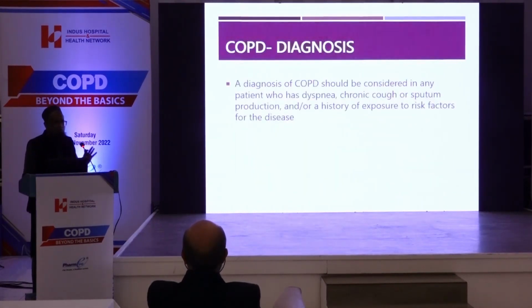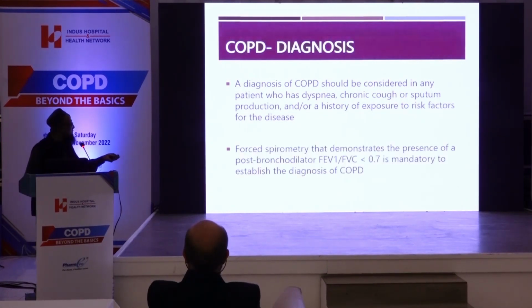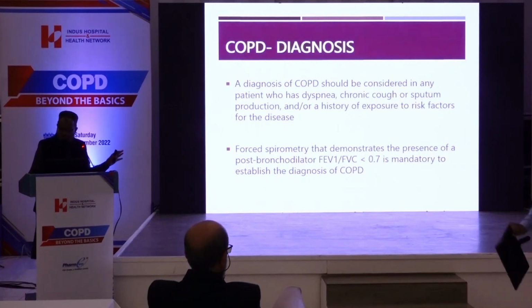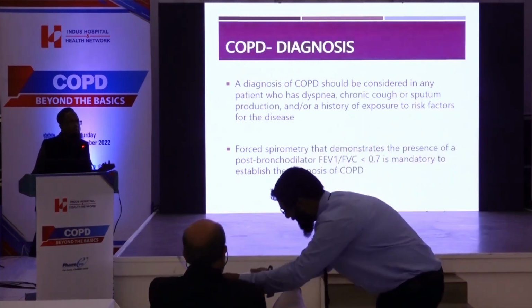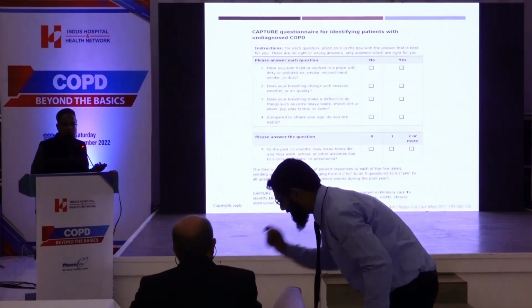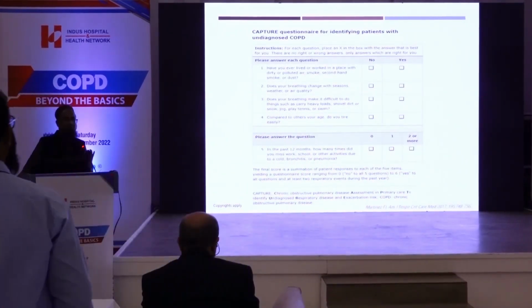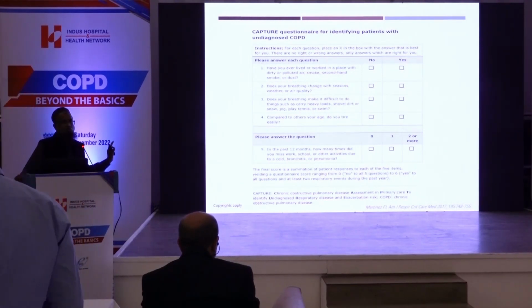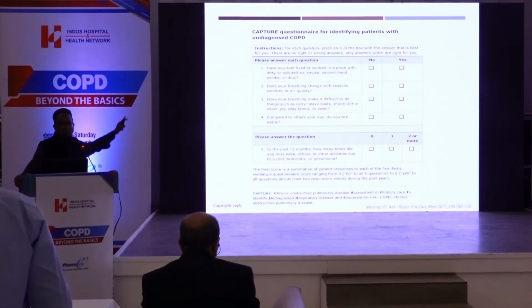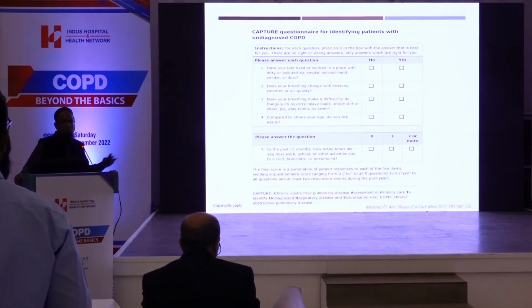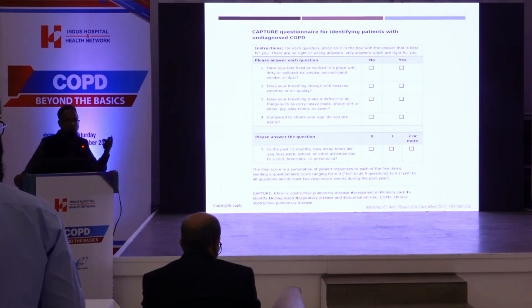In diagnosis, everybody knows that spirometry with a ratio less than 0.7 is necessary, in any patient who is symptomatic with chronic symptoms: cough, shortness of breath, wheezing. The purpose of showing this slide is how to pick early COPD. This is a very good questionnaire called CAPTURE for primary care physicians. The score goes up to 6. If the score is less than 2, there is no need for evaluation, less likely COPD. 5 and 6, most likely COPD, do PFT.